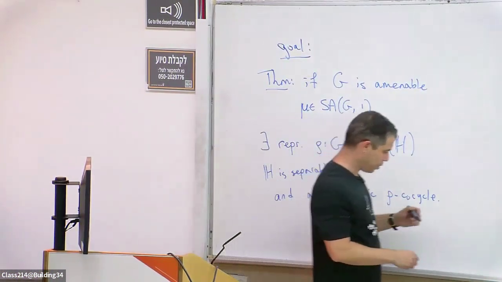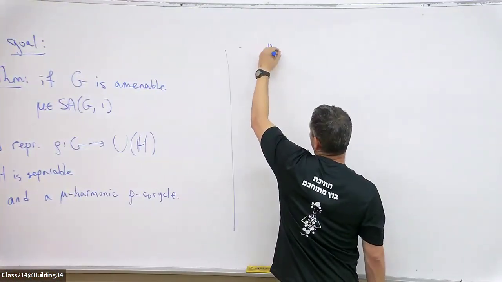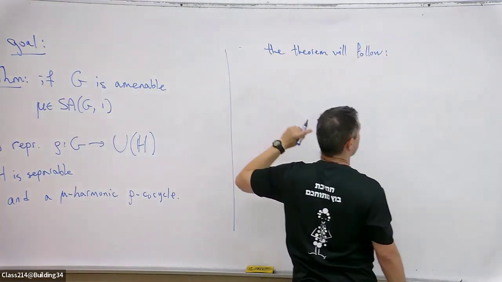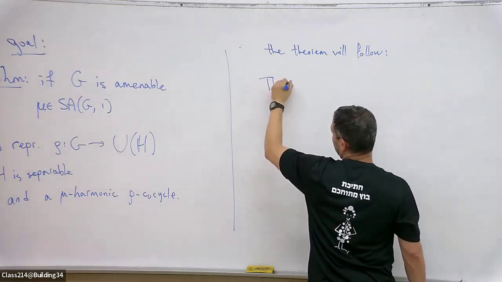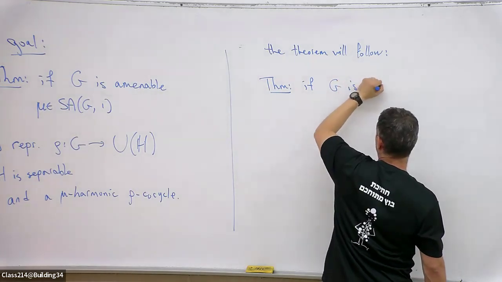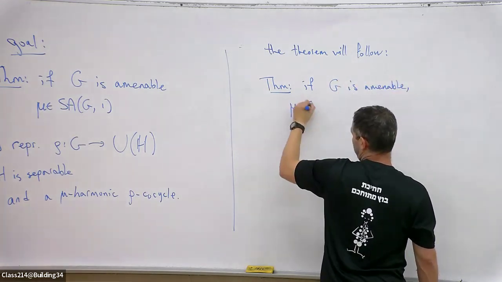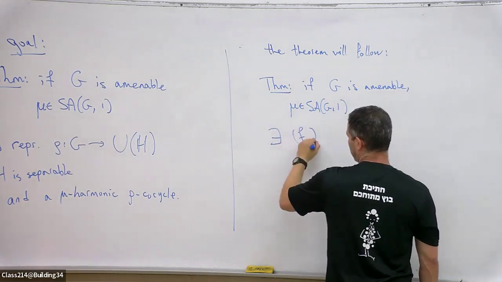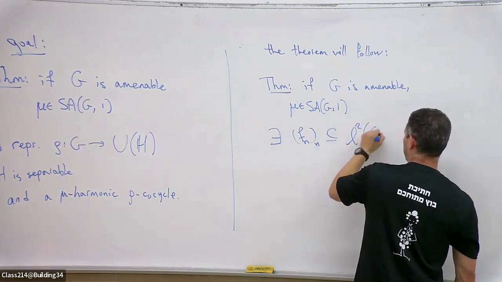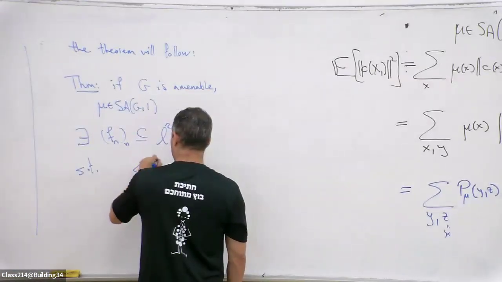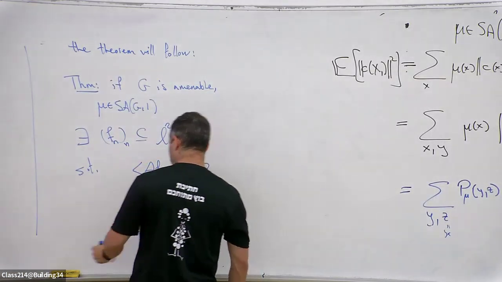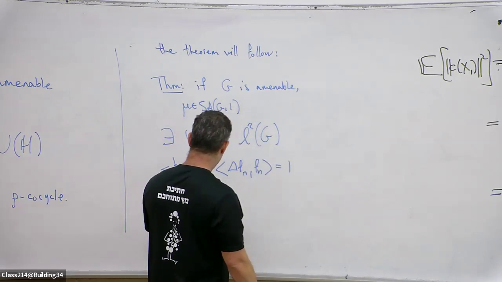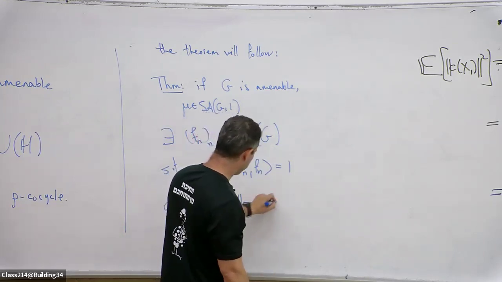Now, how do we prove this theorem? The theorem will follow if we find that if G is amenable and mu is in SAG1, then there exists a sequence of functions Fn inside L2 of G such that the Laplacian of Fn is always one, it doesn't matter, it just has to be bounded away from 0, and the Laplacian of Fn converges to 0.